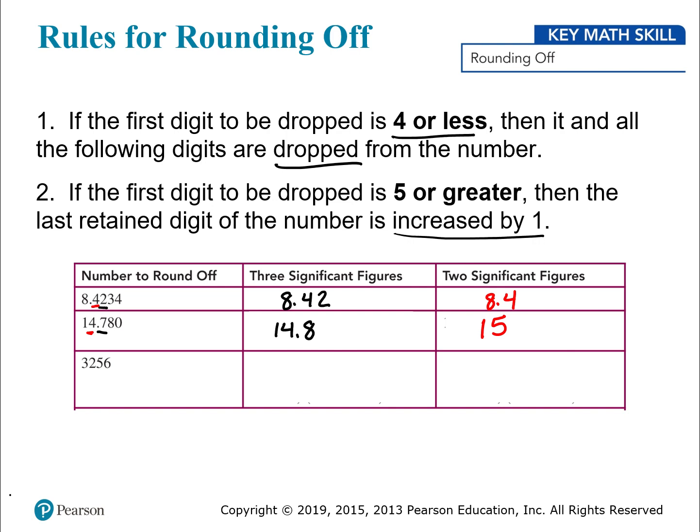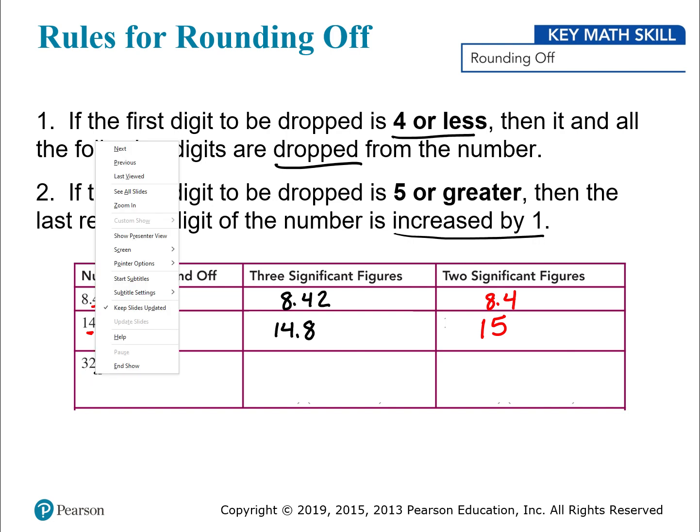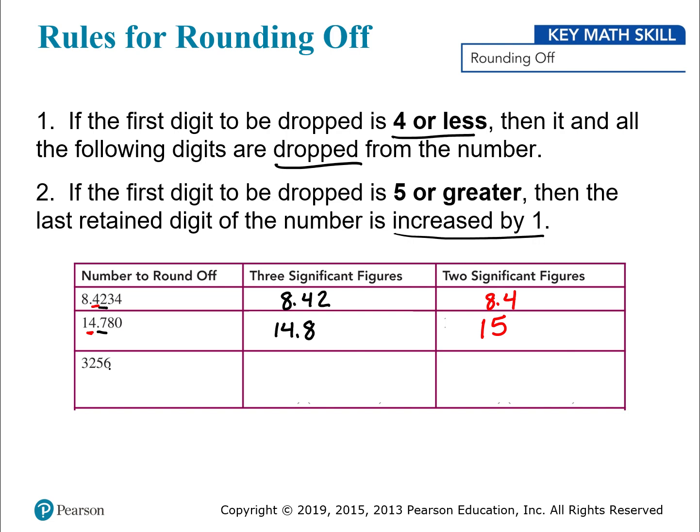In our last example, 3,256. For 3 significant figures, we're looking at the 5. So, we look at the 6. 6 is 5 or greater, so we're going to bump that 5 up. 3, 2, 6.